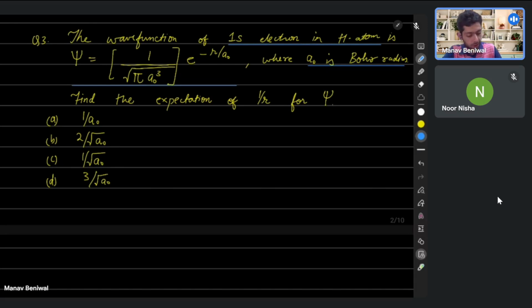So this term which you see in these square brackets is a constant, the normalization constant, and this is the exponentially decaying function e to the power minus r by a naught. Okay, so this is how our wave function looks like.